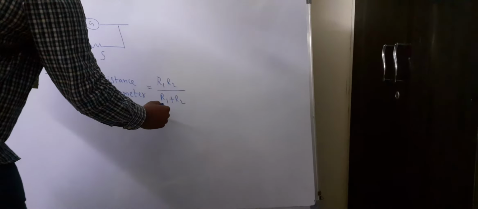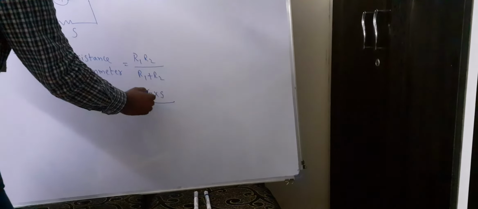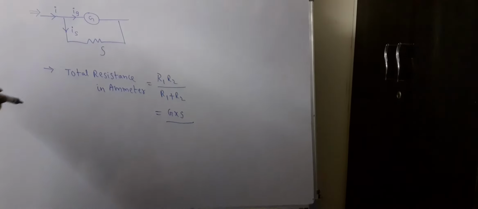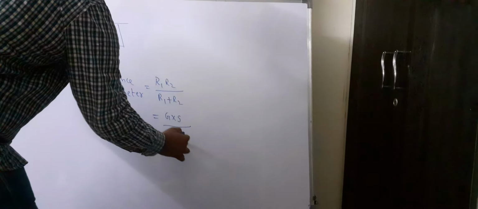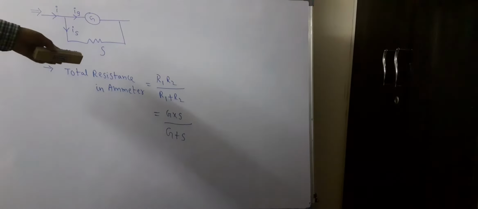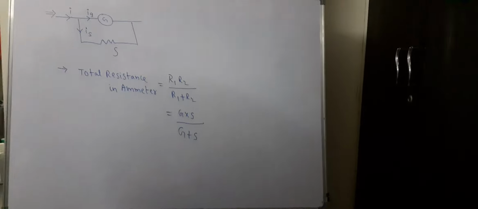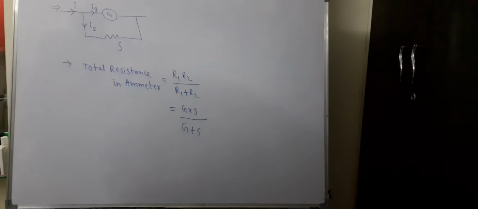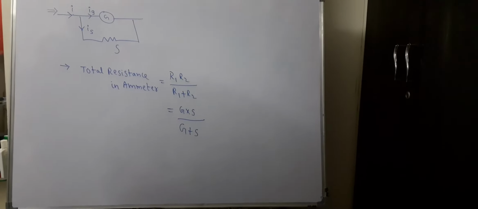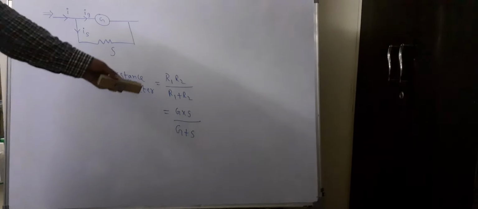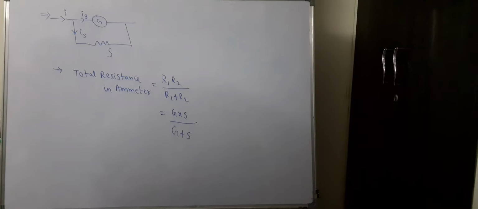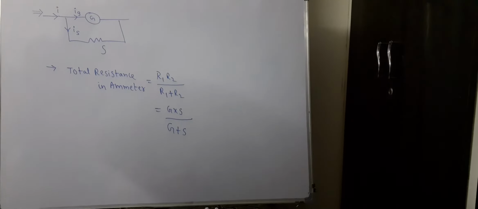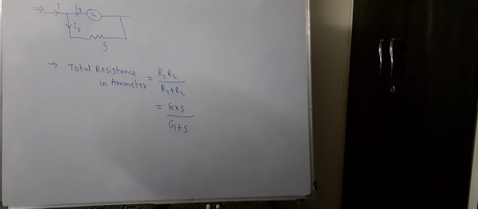Here R1 is G and the other is S. So G into S by G plus S. What is the total resistance in the ammeter? GS by G plus S. This is the total resistance in the ammeter.